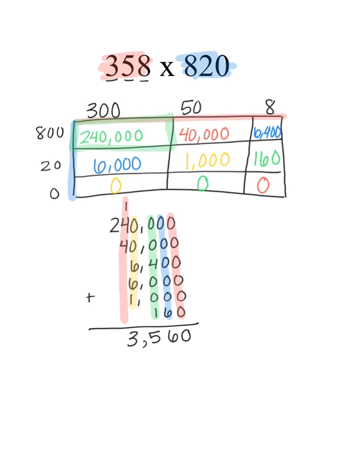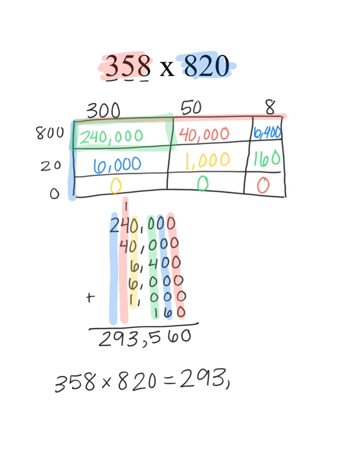And of course, 4 plus 4 is 8, plus 1 is 9. And finally, I have the 100,000s place. And the only digit in that place is a 2, so it just stays the same. So my final answer is that 358 times 820 equals 293,560.